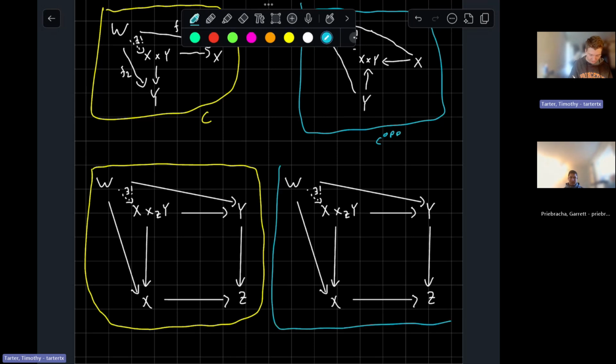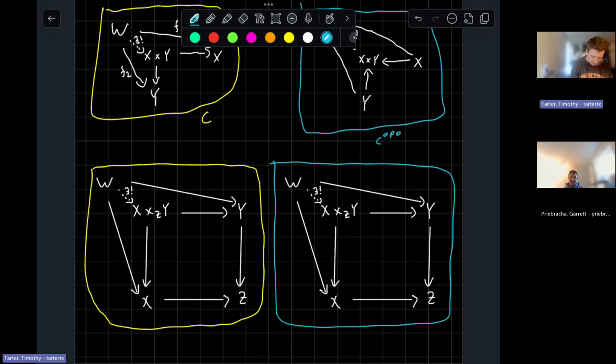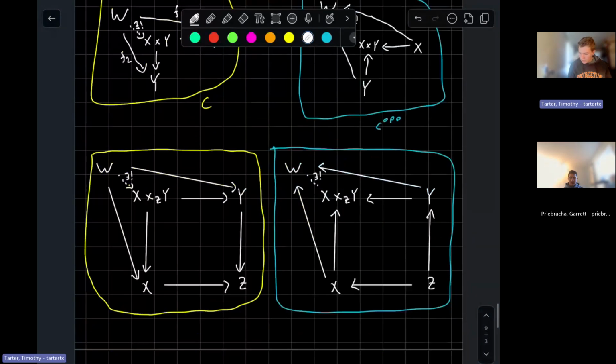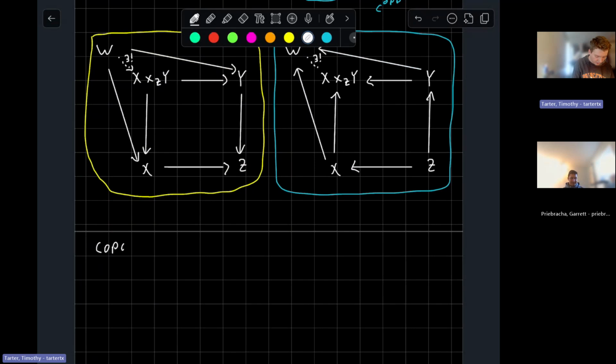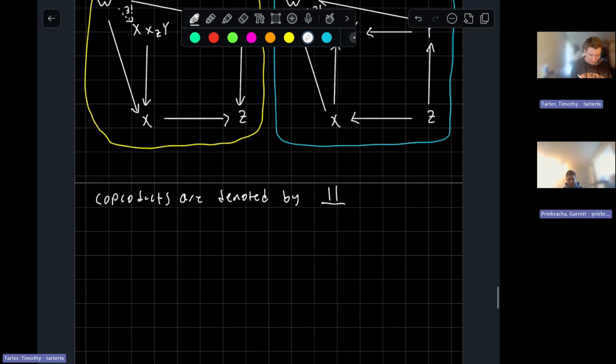But then in C op, we're just going to reverse the arrows. And coproducts are denoted by an upside down pi.